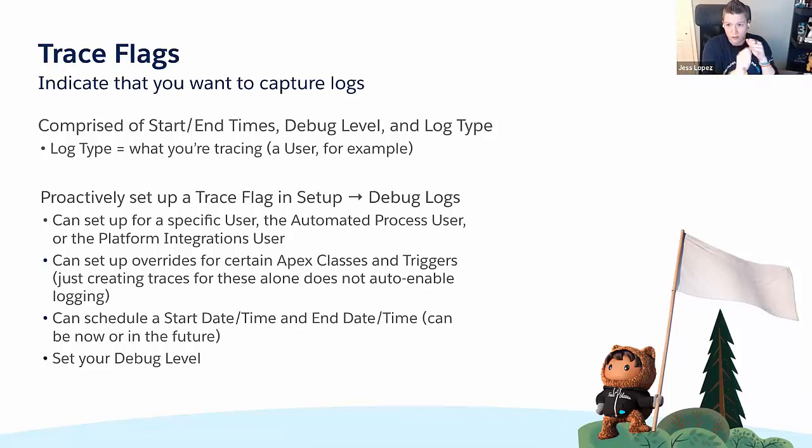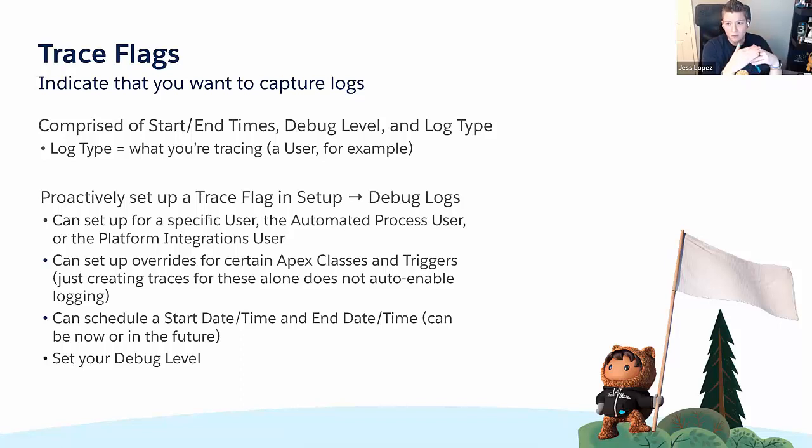We'll see in a minute how we can tweak different logging levels for various categories, but generally speaking, I could say, okay, for all Apex, I want my user trace to set that value to none. But then I want to set up a second trace for that Apex class where the debug level is something more granular, like a finest level.